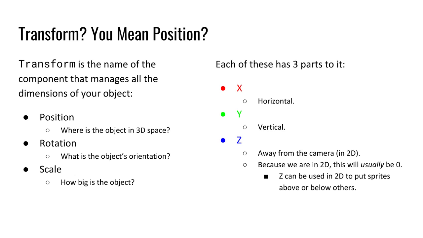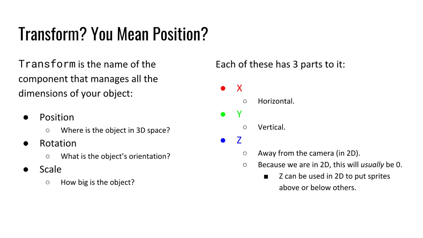And each of those has three components of their own, an X, a Y, and a Z. These should be pretty familiar if you've done any geometry or math or physics. We just use X for the horizontal, Y for the vertical, and in 2D, Z is away from the camera. So negative Z is towards the camera.